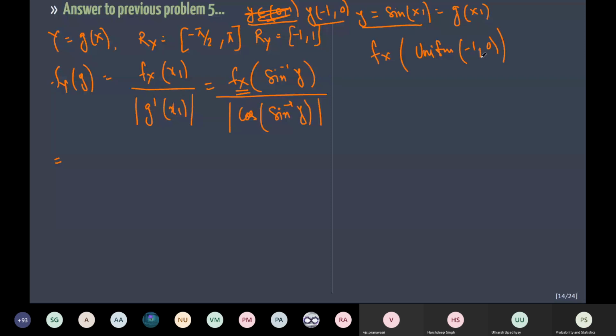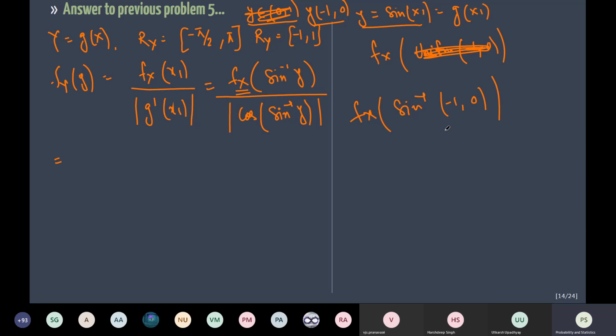Okay, I think I have done something wrong here, so let me do it another way. f_X of sine inverse of y, which is in the range -1 to 0, right? So what will this be?